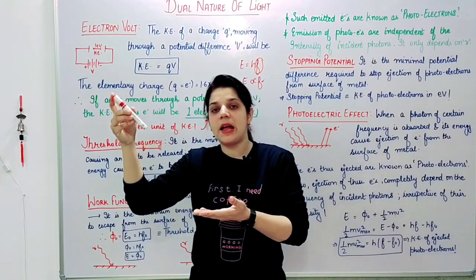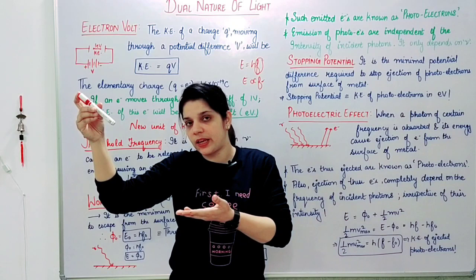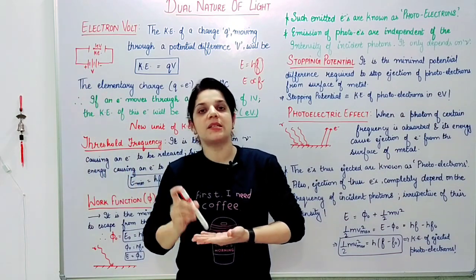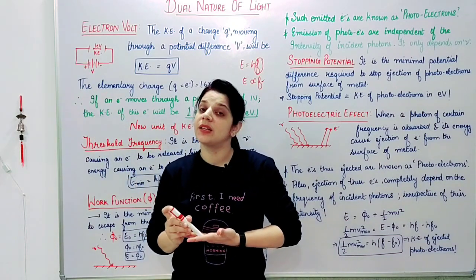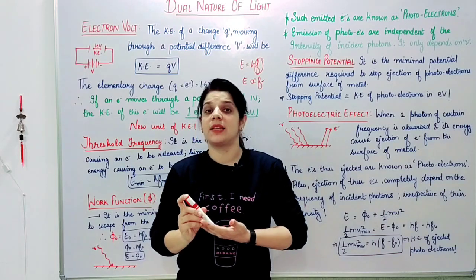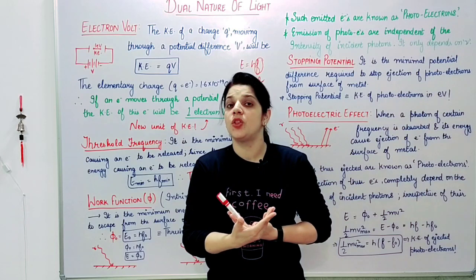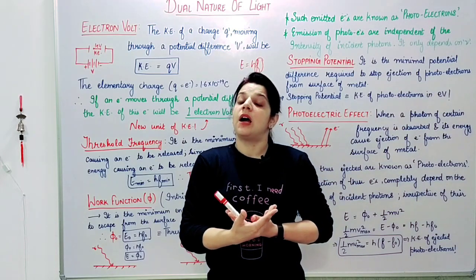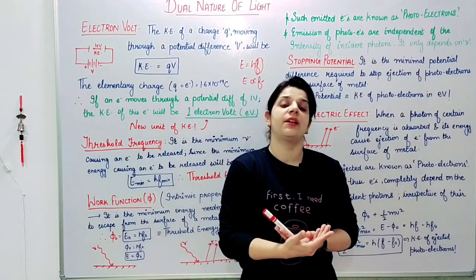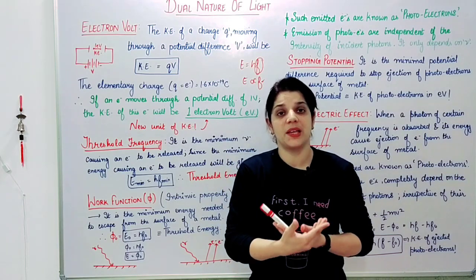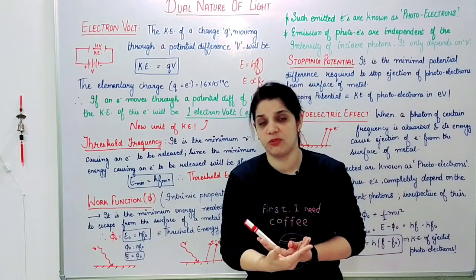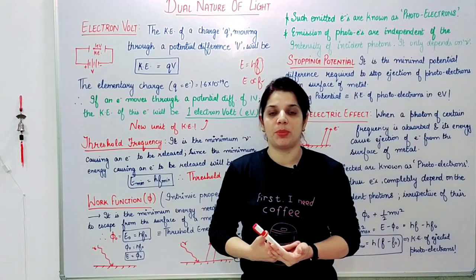Say I have an intensity of 100 photons incident on this metal surface, but their energy is less than the work function. Will there be any emission of electrons? No, because 100 photons collectively are not able to supply the minimum threshold work function of this sample.